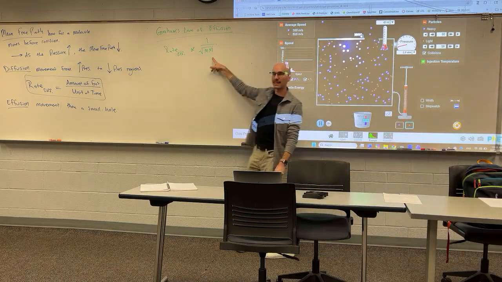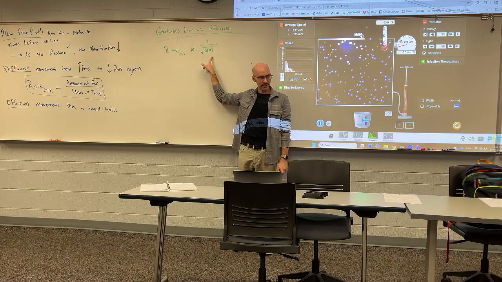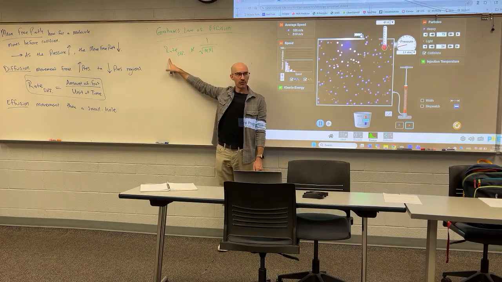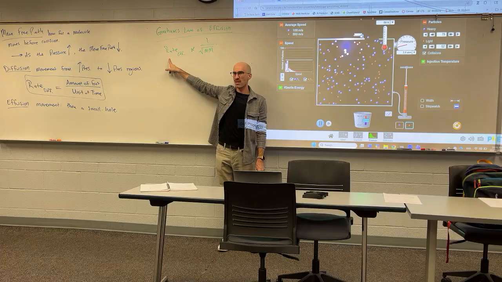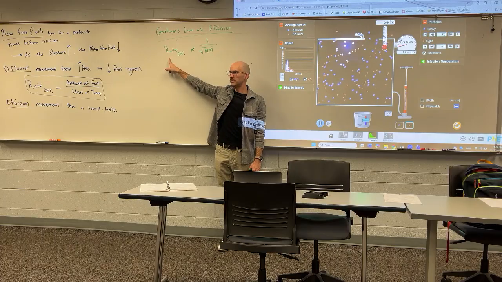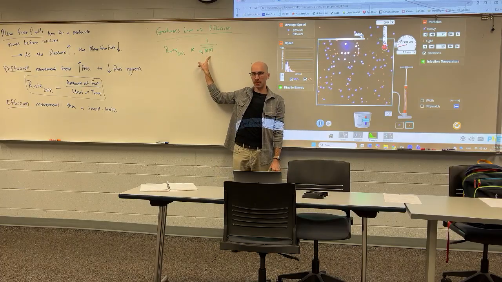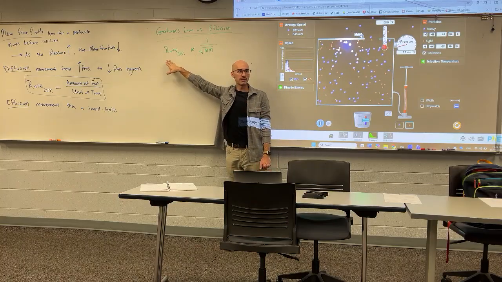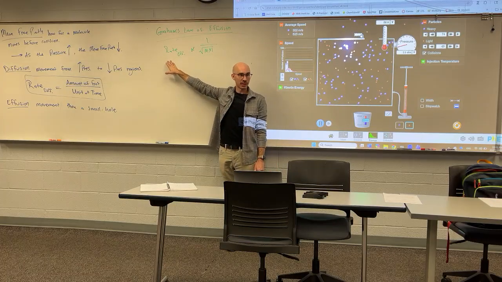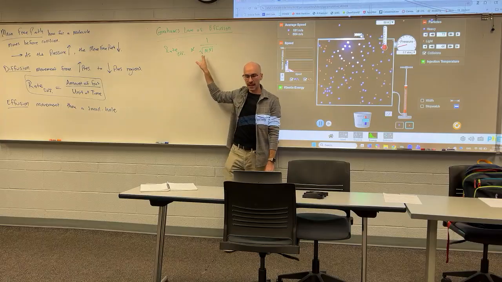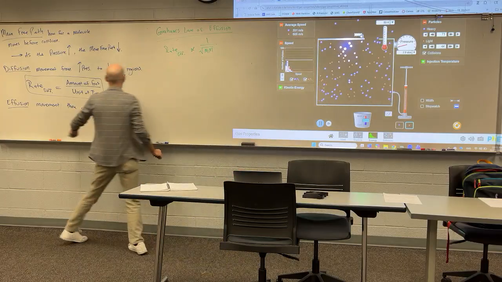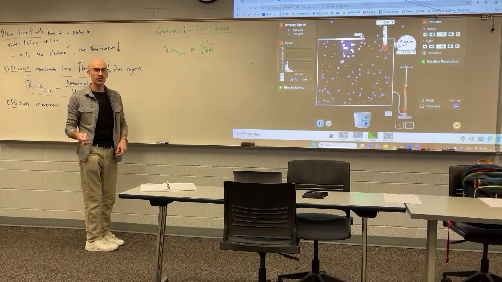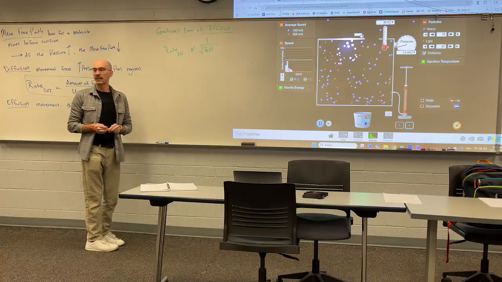As molar mass increases, the rate of effusion decreases. As molar mass gets larger, I divide 1 by a larger number, which means my rate decreases. That is to say, heavy things effuse less quickly than lighter things.